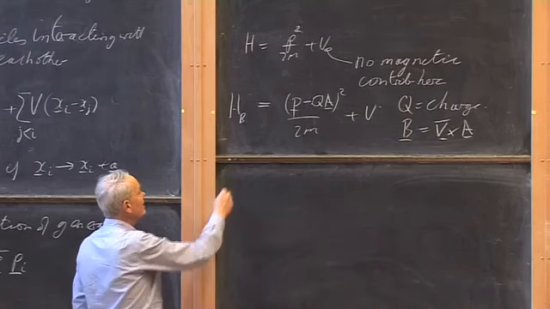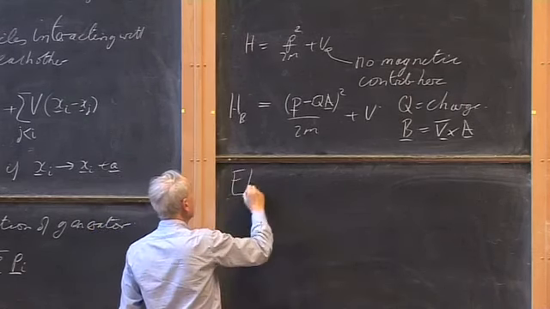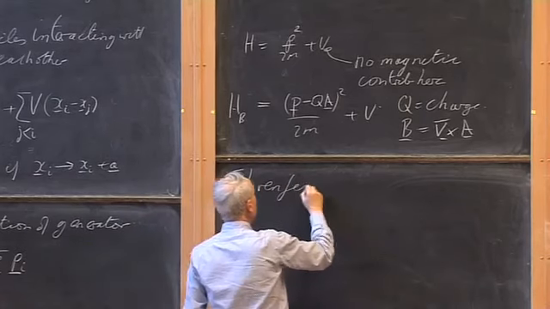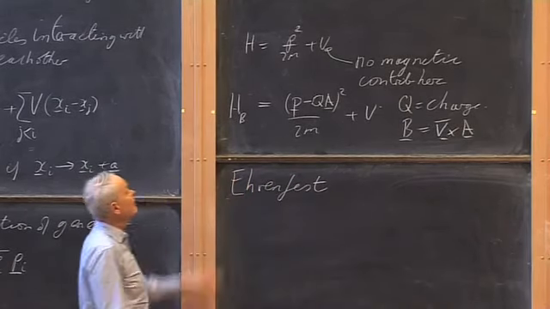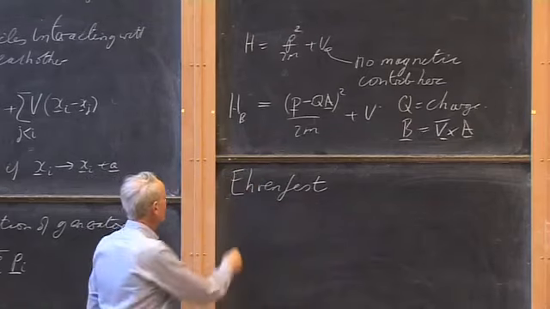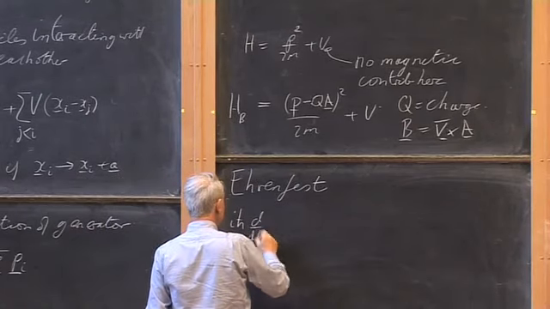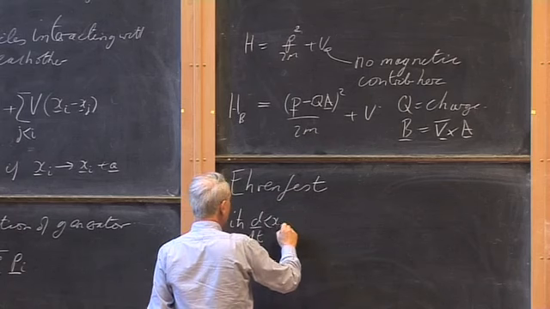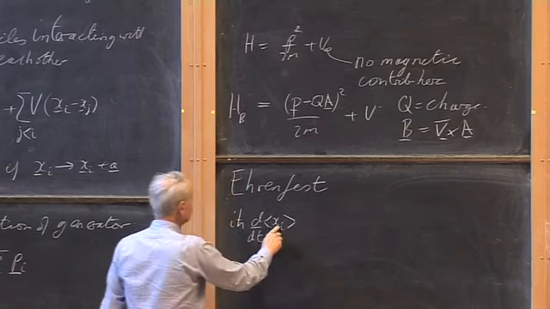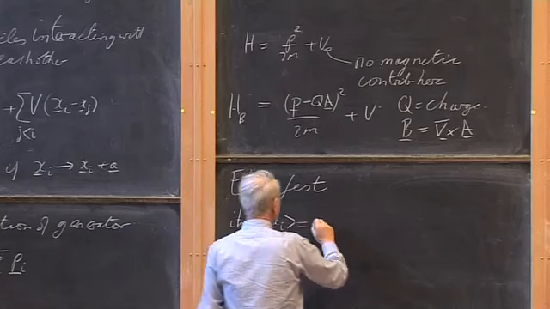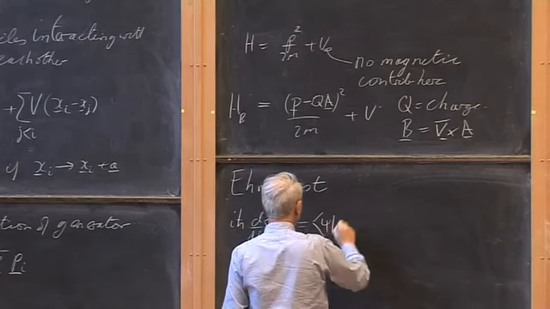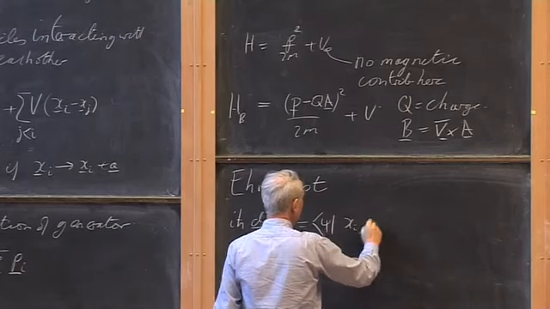So let's use Ehrenfest to recover classical physics out of this. So what we have is i h-bar d/dt of the expectation value of x_i. That's equal to the expectation value of the commutator of x_i with H.